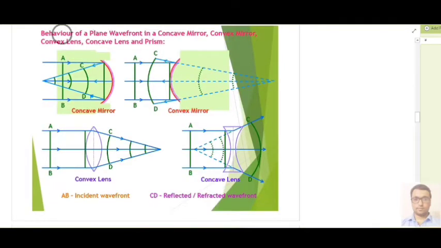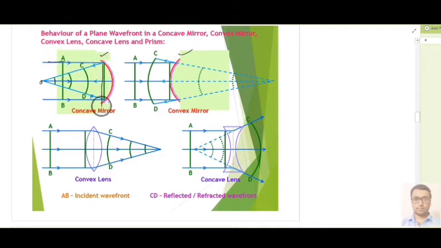Next thing we have to understand is how the behavior of concave mirror, convex mirror and lenses works with the planar wavefront. Suppose one planar wavefront is coming on a concave mirror. We know that a concave mirror forms its image at the focus, because rays are coming from infinity.